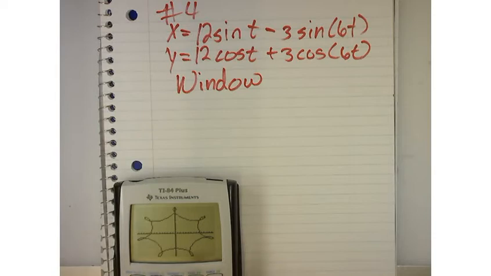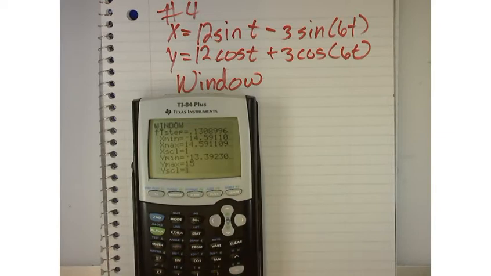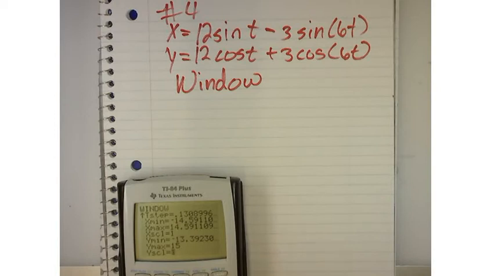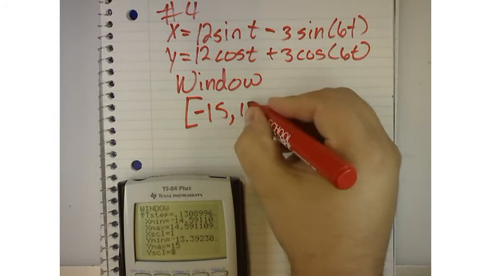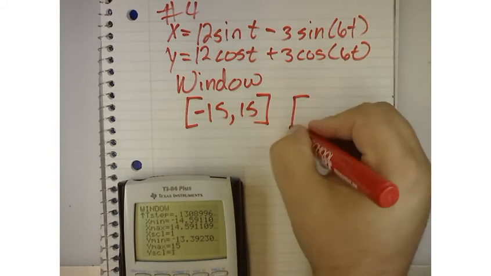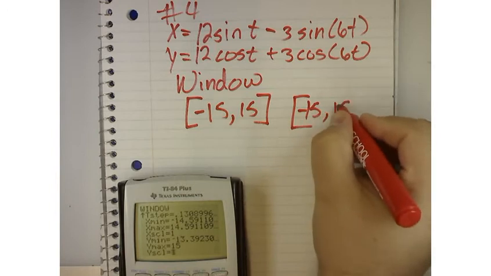If you go to window again and scroll down a little bit, when you did the zoom fit, it went from negative 14.5 to positive 14 for the x, and for the y it's a similar thing. So I would say something like negative 15 to positive 15, and negative 15 to positive 15.